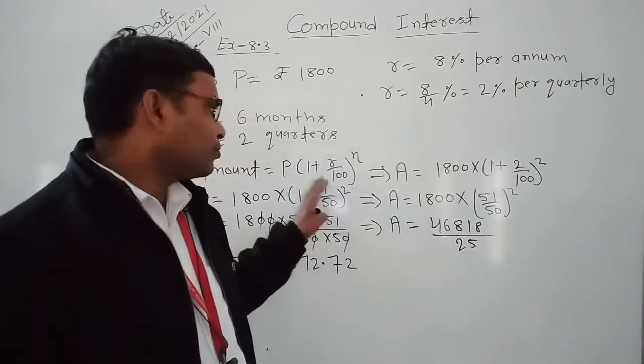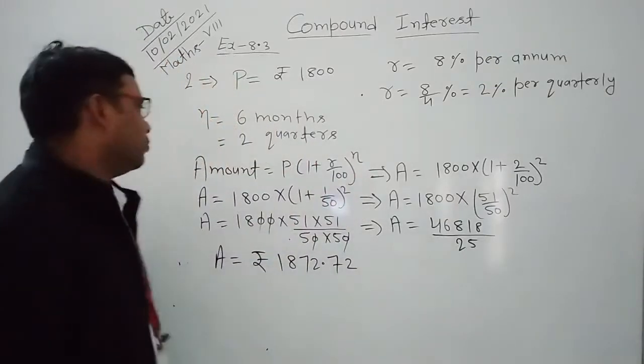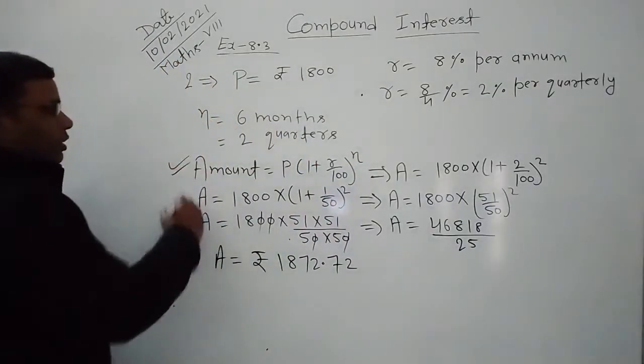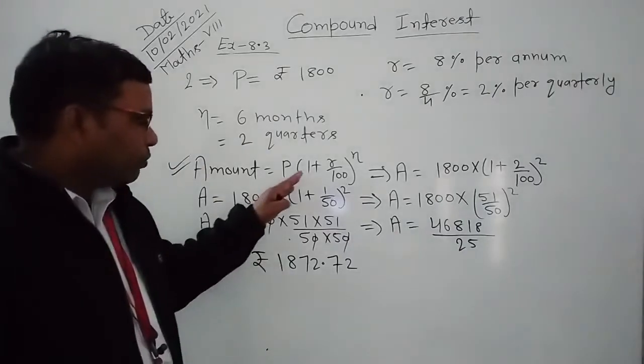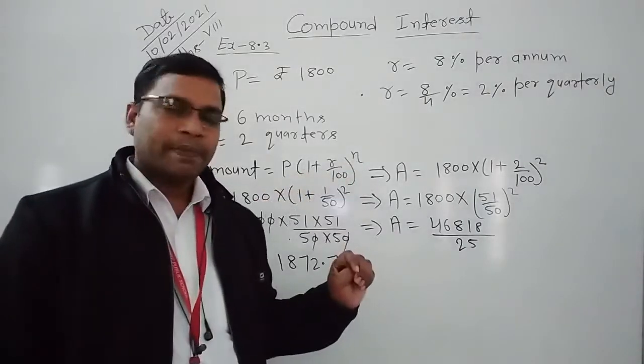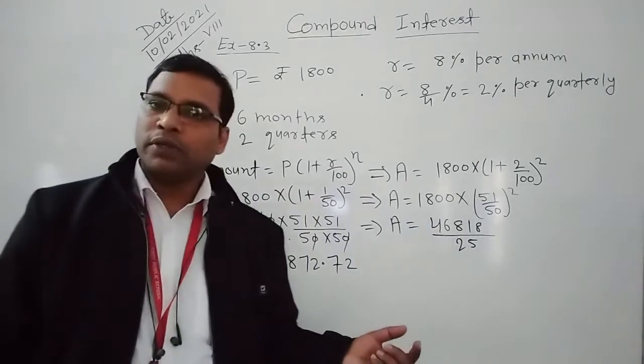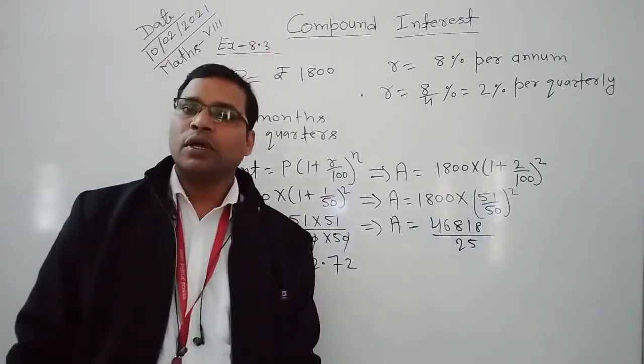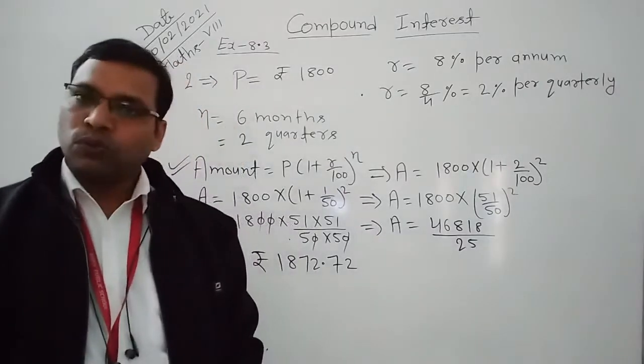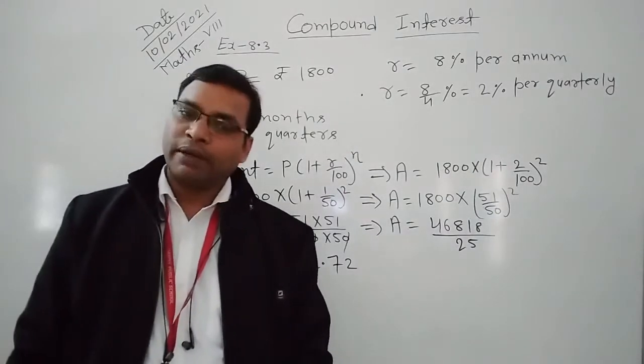This is clear. Rate is 2% per quarter. So we use this formula: amount is equal to P, meaning principal, into (1 plus R per 100) to the power n, and we simplify it. Then we get 1872.72 as the amount.